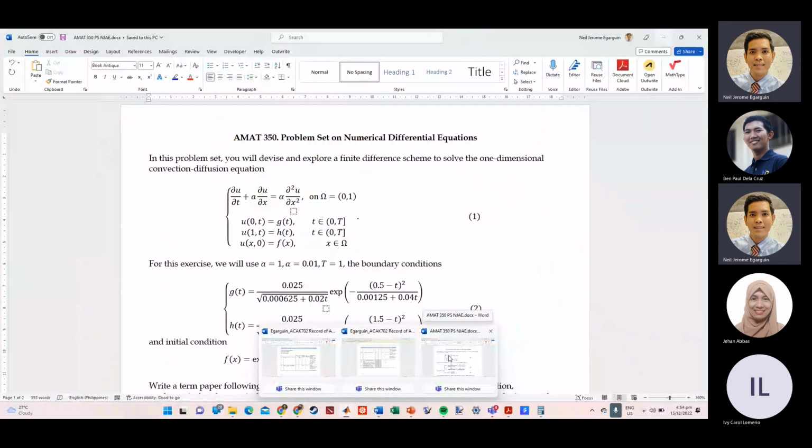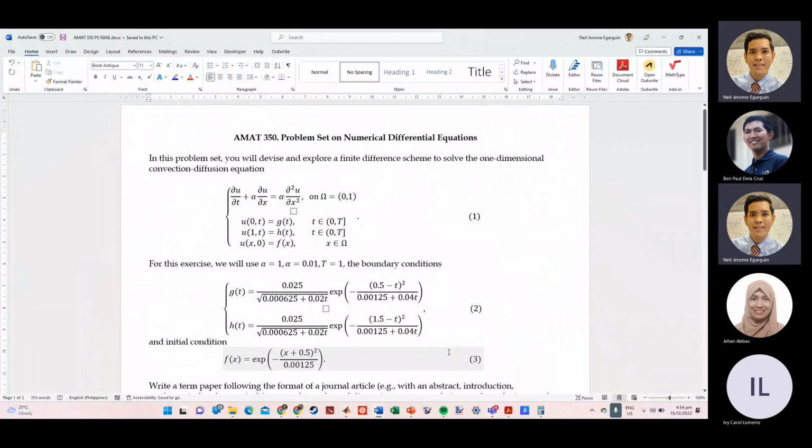I have 5 minutes left. Let me flash our problem set. It seems a bit delayed, but it is already uploaded. I want you to replicate what we did throughout the last 2 or 3 sessions, but this time for the convection diffusion equation that you see here in equation 1.